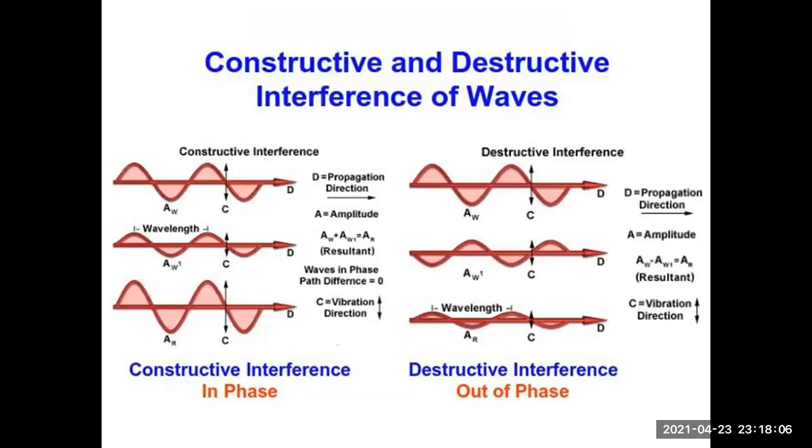So you can see constructive and destructive interference. You can see how the wave looks when it is constructive interference, and how the wave looks schematically in the destructive interference, right? The constructive interference is in phase and the destructive interference is out of phase, right?